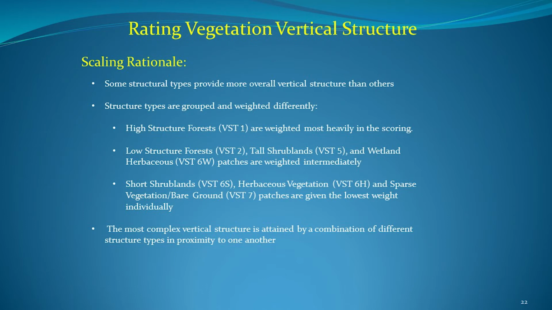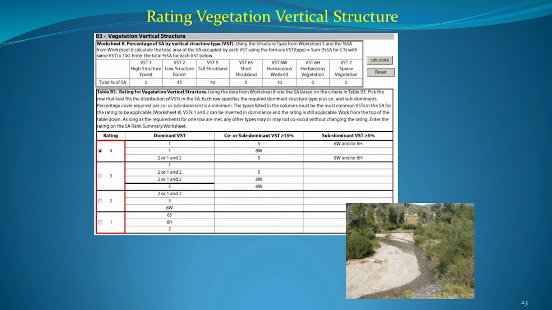So we're going to go to the next slide, slide 23, and you'll see, again, if you're using the activated PDF data sheets, you get a lot of help from the data sheets. And once you've filled in worksheet 5 and worksheet 6, the data sheet will give you at the top here the percent of each structure type that you have for your sample area.